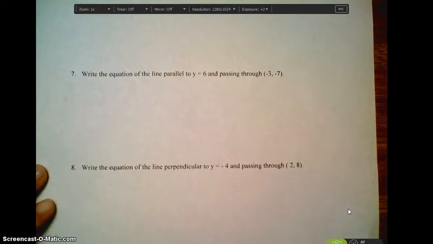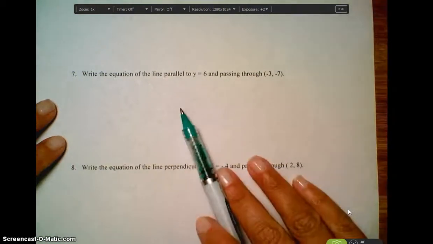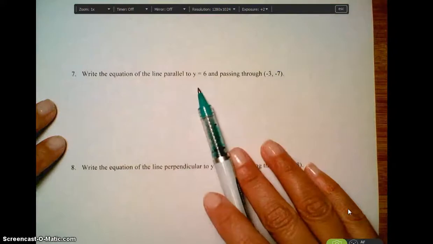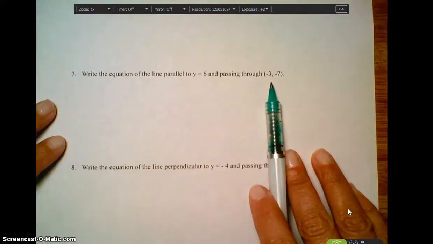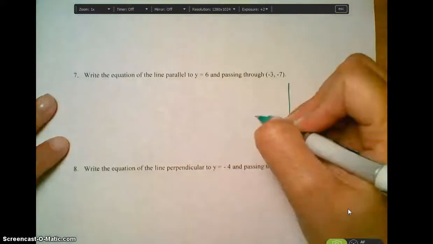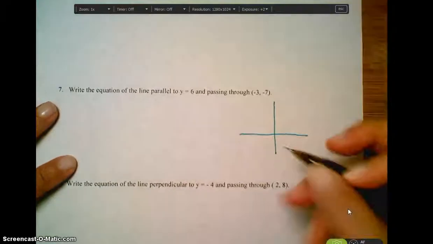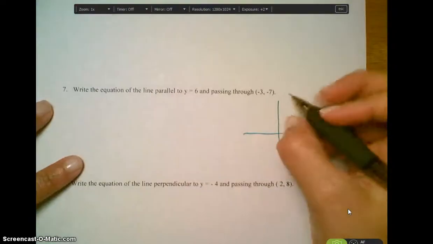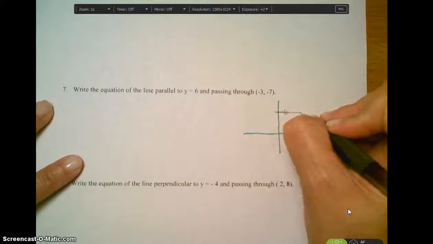On page 4, we're going to look at example number 7. It asks you to write the equation of the line parallel to y equals 6 and passing through the point -3, -7. For this type of problem, I like to make a quick sketch. I can see that y equals 6 would be a horizontal line passing through 6.